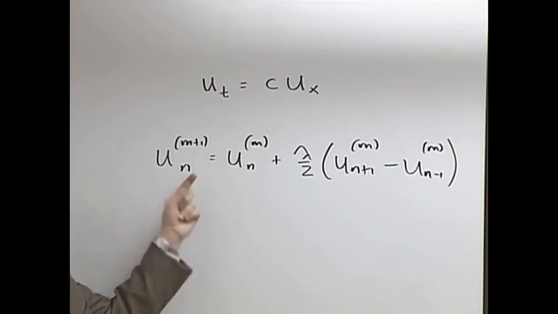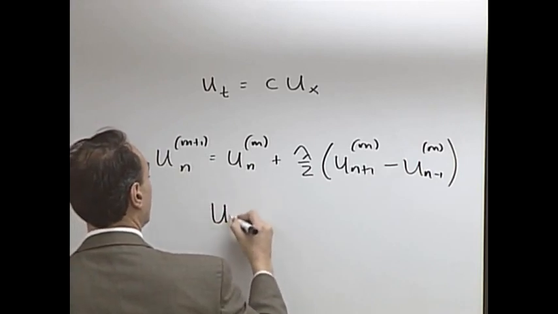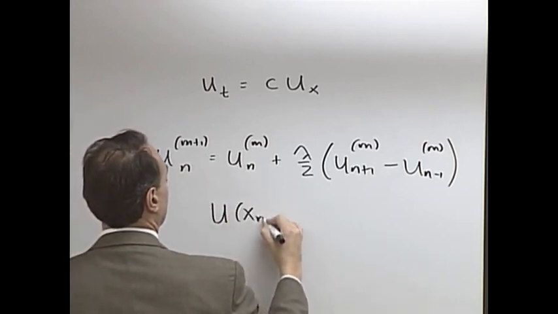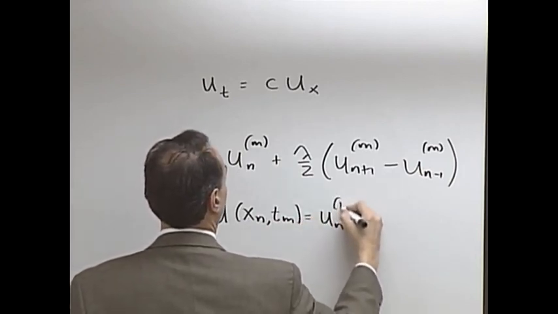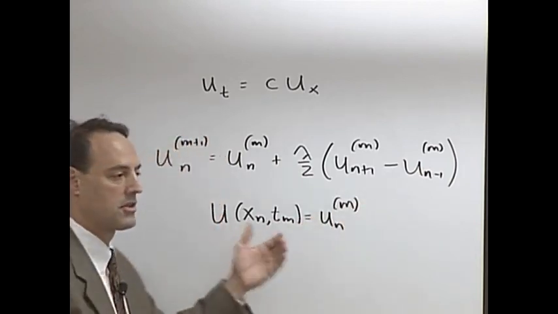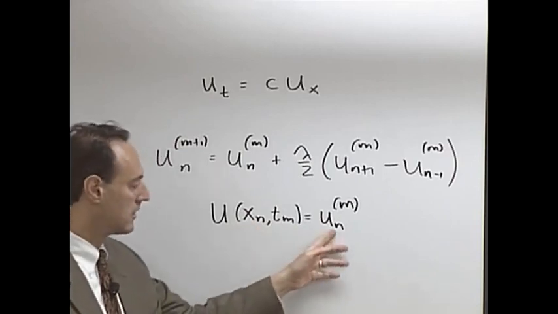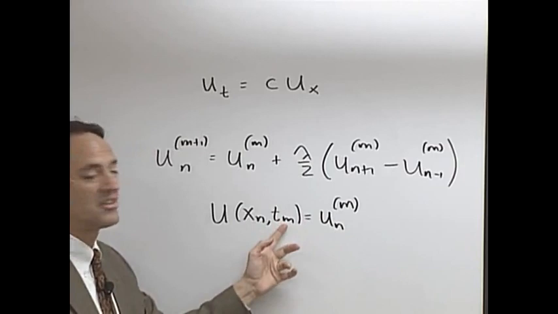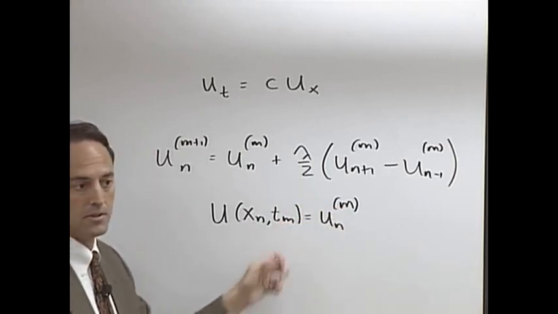A point in the future. Remember what these n and m's are. U at some x_n, t_m is equal to u_n^m. We're going to discretize space and time. So when you're at the nth location, that's your x_n, and at the mth time. So this is our shorthand notation for this.